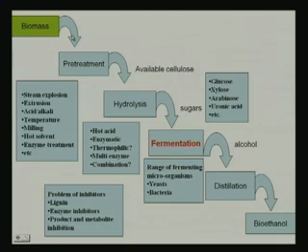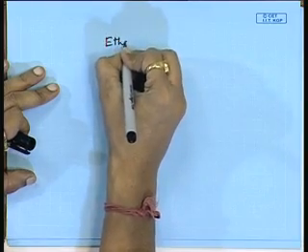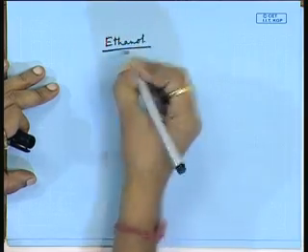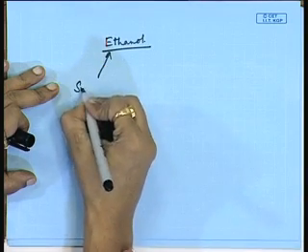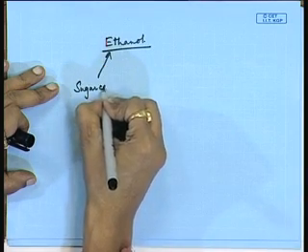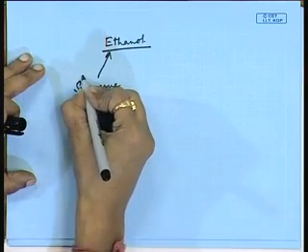Now, here if we see the overall production process, as I have discussed, ethanol is the product, and it can be produced from sugarcane. Now, when it is produced from sugarcane, what are we getting from sugarcane?